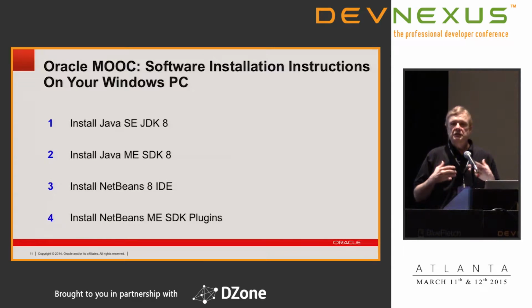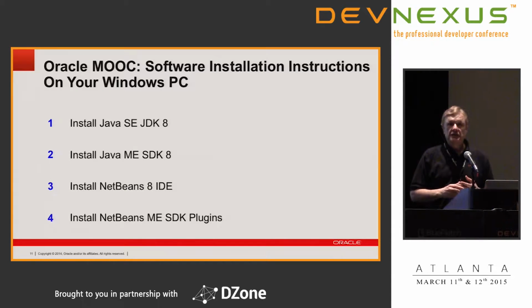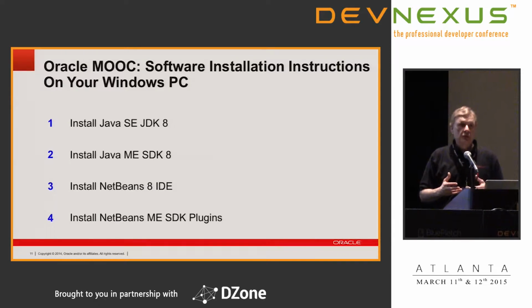So in the MOOC, in this course that I talked about, it walks you through all the things about installing the Java SE JDK, the software development kit, as well as the ME SDK, as well as NetBeans. In the course we use NetBeans as the IDE, and there's a NetBeans ME plugin which has an emulator which makes it really easy to develop and then automatically deploy into the hardware that you're deploying for.